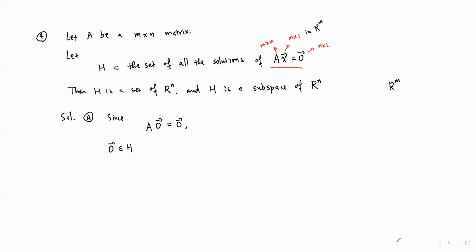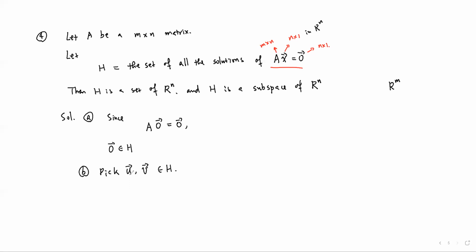Property A in the definition is satisfied. Now, pick two vectors, u and v, from H. I want to see whether u plus v is still in H.